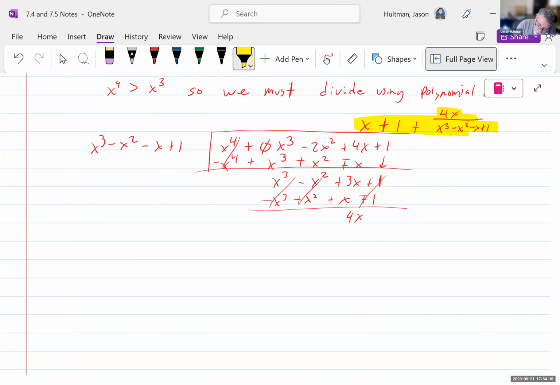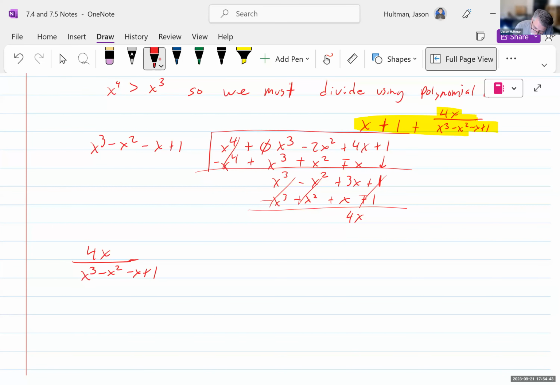Let's work on this third term here and put that into partial fractions. Okay, we get 4x over x cubed minus x squared minus x plus 1.